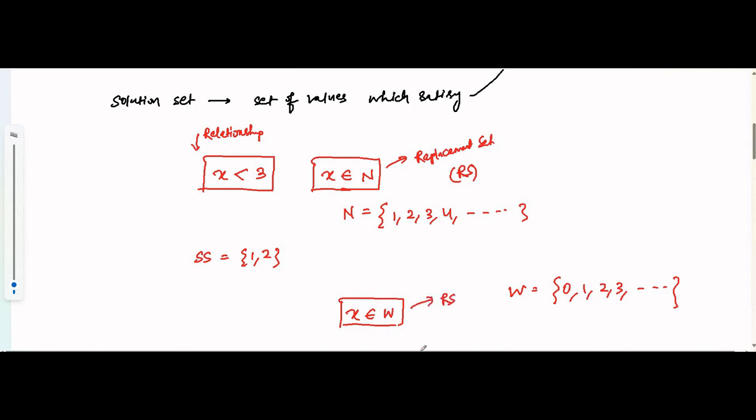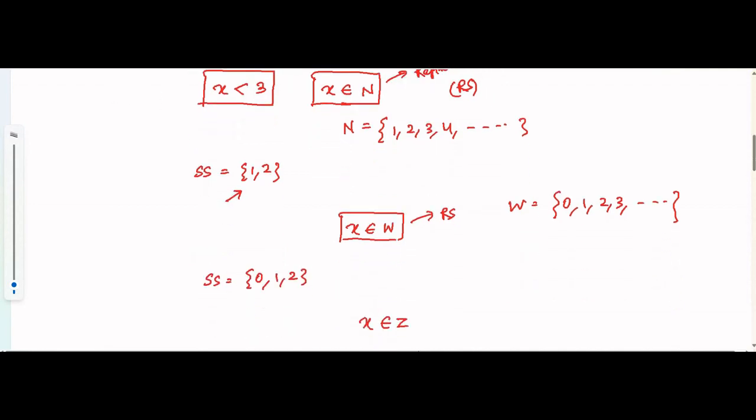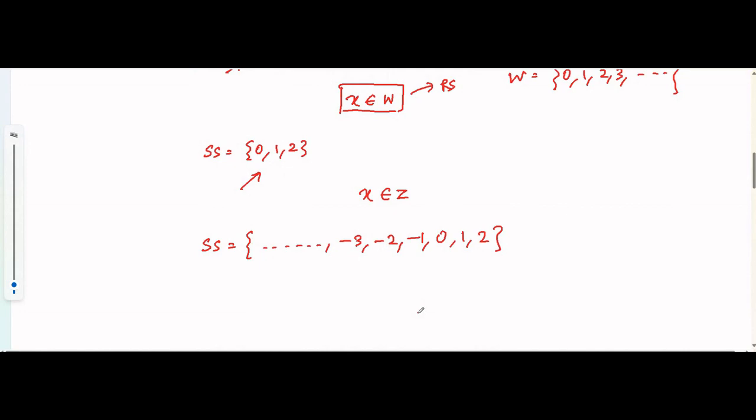As the replacement set changes, the values which satisfy this relationship, and the number of values in the solution set, also change. As you can see, for different replacement sets, the solution set is different. So this is the concept of replacement set and solution set.